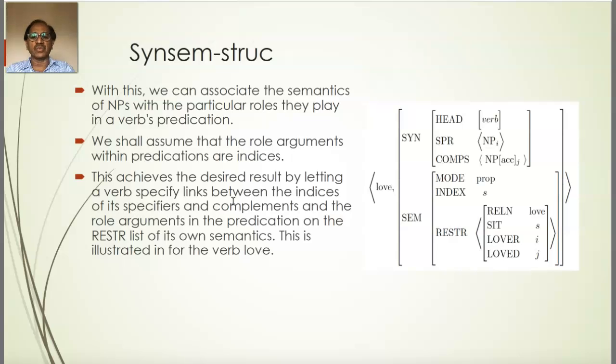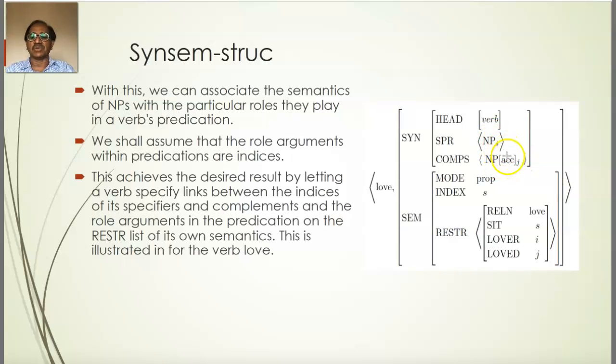How does this work? We have taken the verb love and we are illustrating it here. So the word love, its syntax has three features. Its head value is verb. It needs a specifier which is an NP, and it needs a complement NP which has accusative case. We haven't mentioned nominative here.